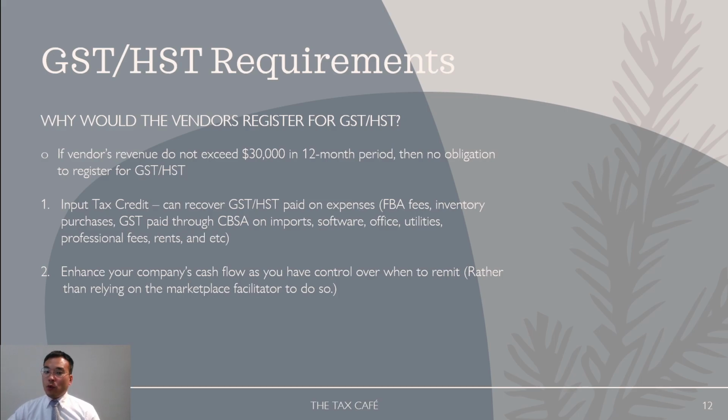You would normally collect $5 from the client and remit it to CRA. But let's say you bought a chair, related to your business, to provide any services you're doing, and you incurred $2 of GST. That means you don't have to pay the entire $5 to the government.